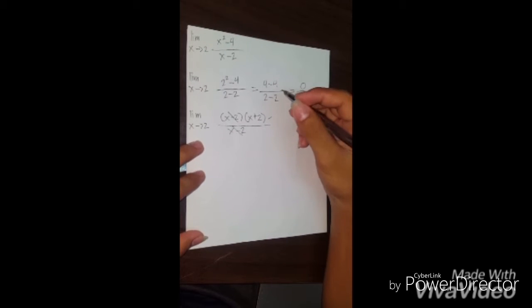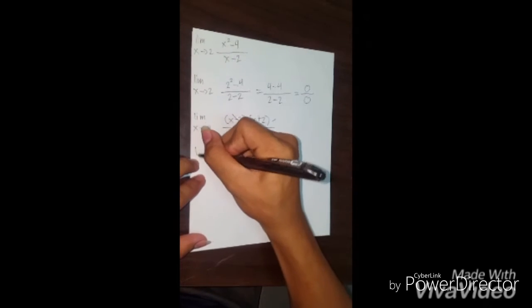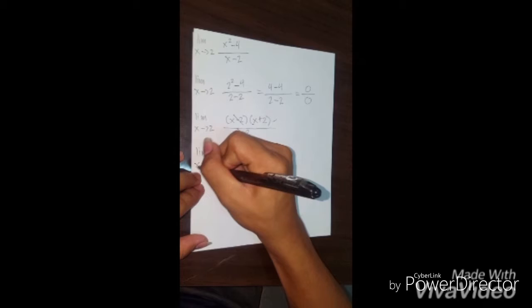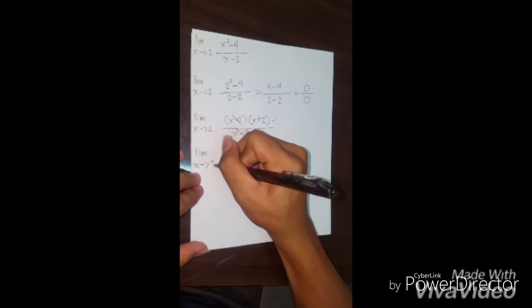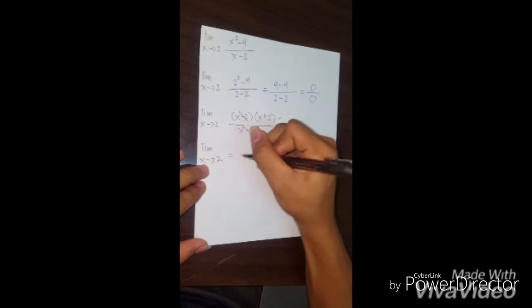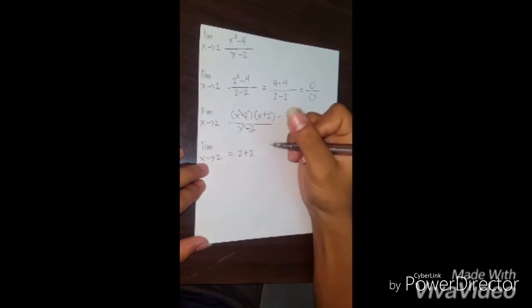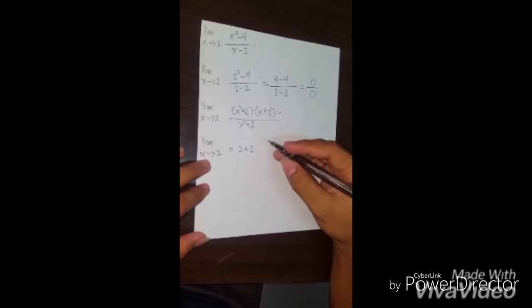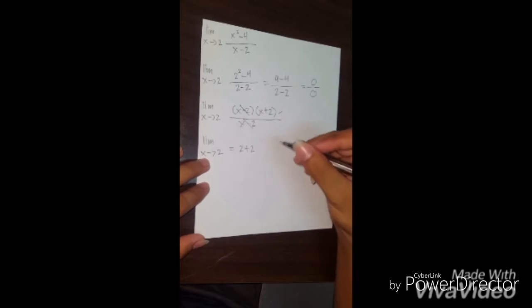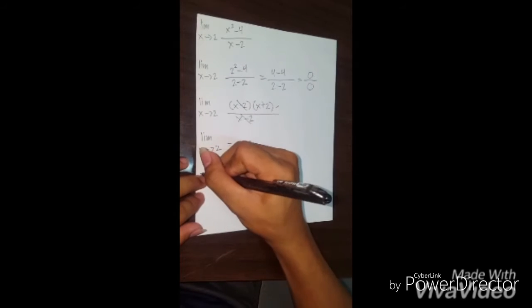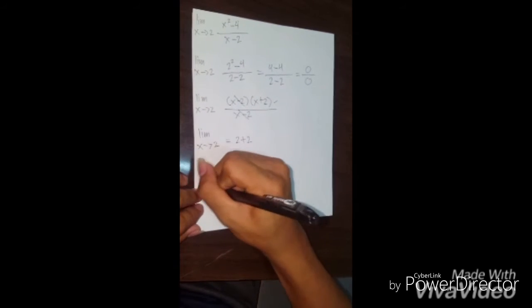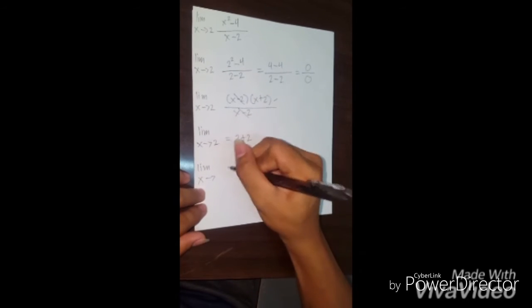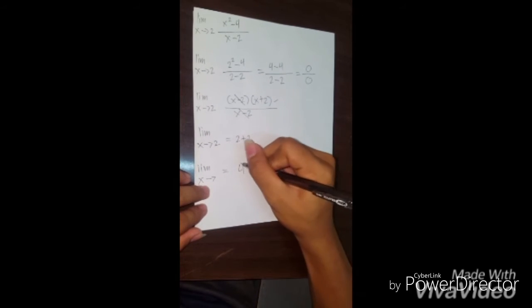After this, substitute x with 2. The limit as x approaches 2 is equal to 2 plus 2. Then add and you will get the limit. And the limit as x approaches 2 is equal to 4.